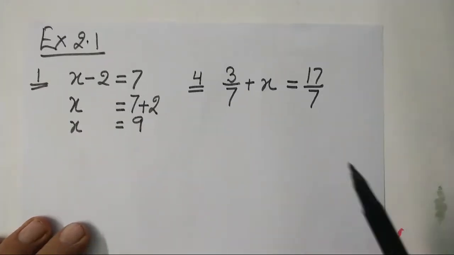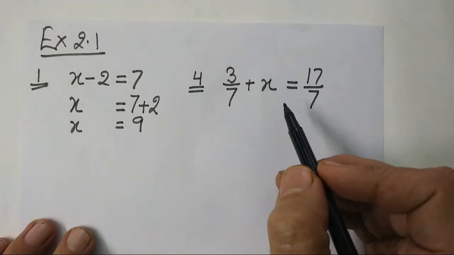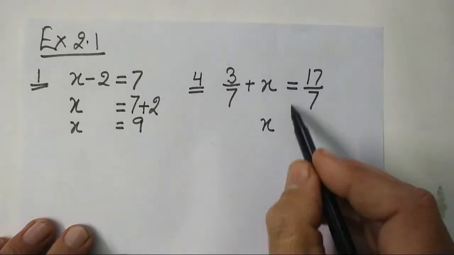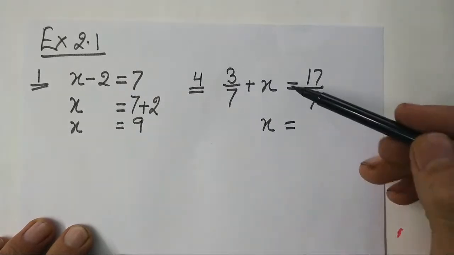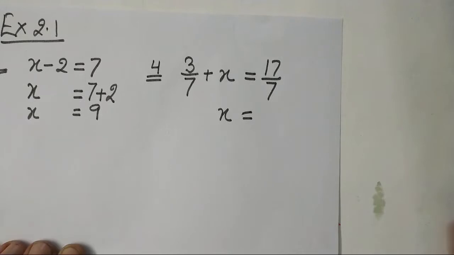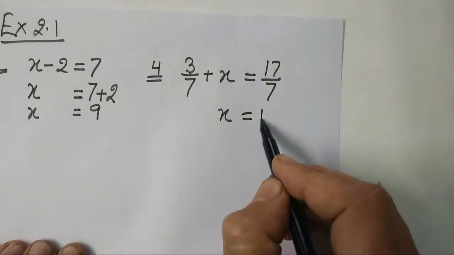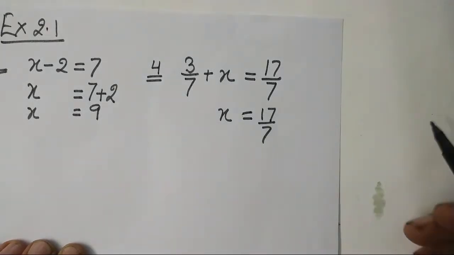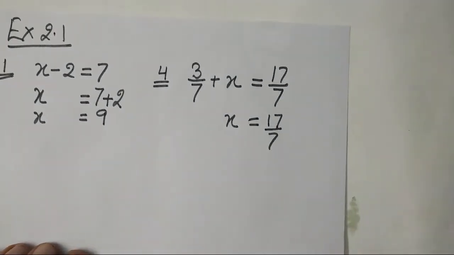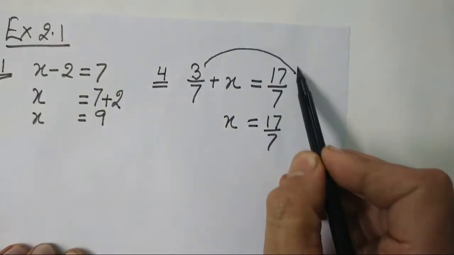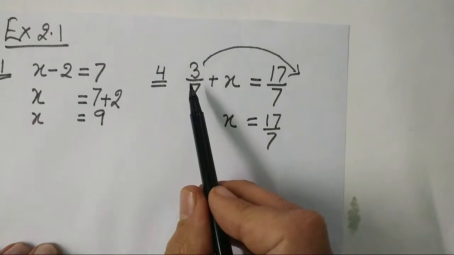The rule is the same: you will keep x on one side of the equal sign, and I am keeping one below the other to understand easily. 17 upon 7 is already on the right side. So you keep 17 upon 7 on the right side and then transfer the second number to the right side.